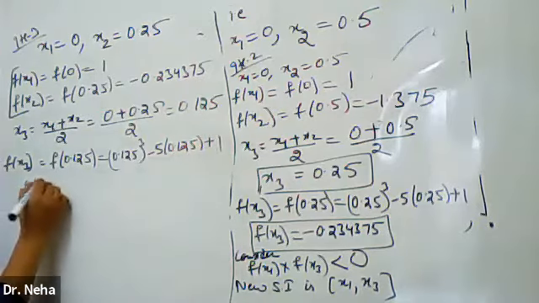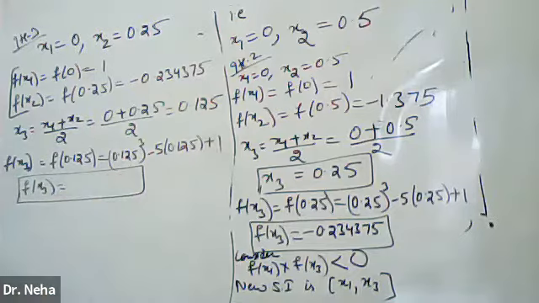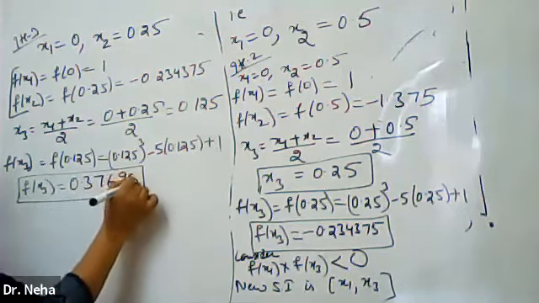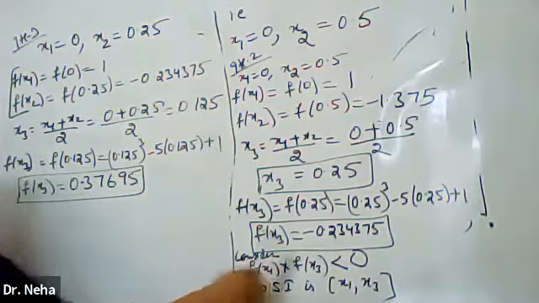That means the value of f(x3) is 0.37695. You can use scientific calculators in exams also. Whether MST or final exams, calculator is allowed. 0.37695. Clear?